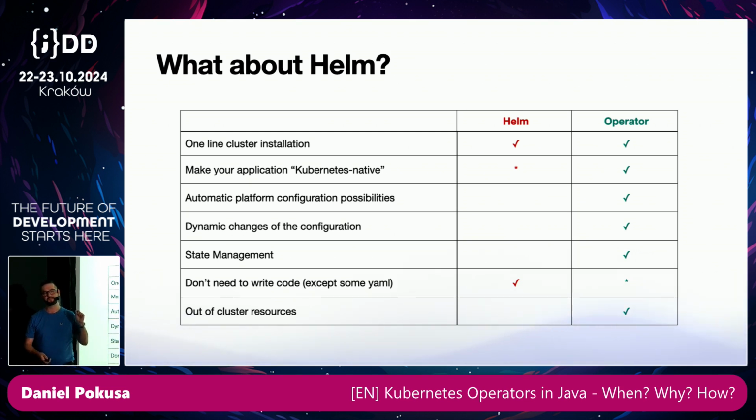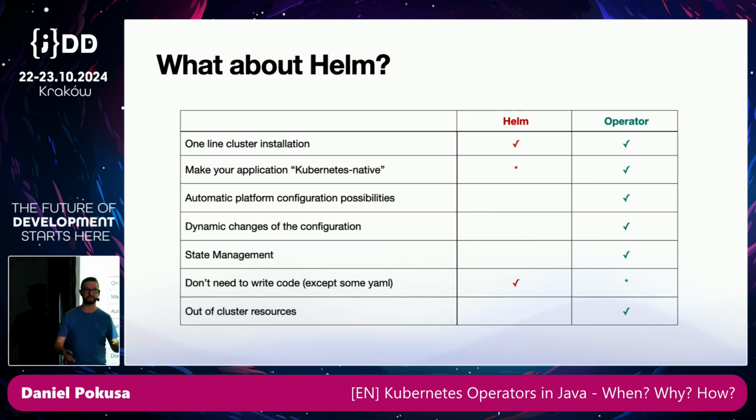Do I need to write some code? In case of Helm, you need to write some YAML, basically. In case of an operator, probably you will need to write some code, but there is also an asterisk. And for out-of-cluster resources, if you want to use during the installation of the application some resources outside of the cluster, or connect outside, Helm doesn't give you that possibility.